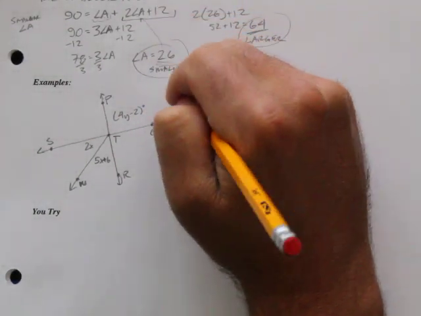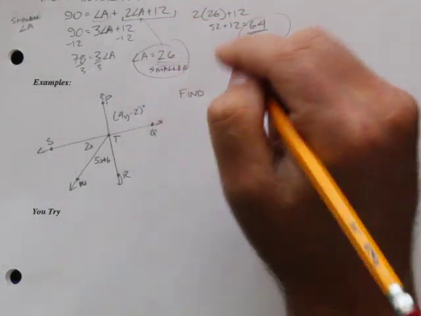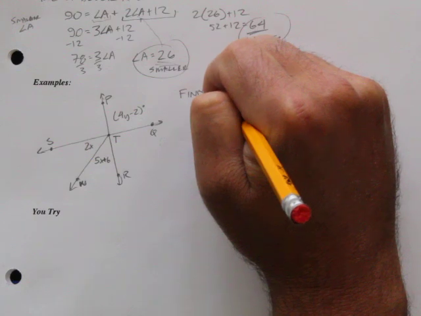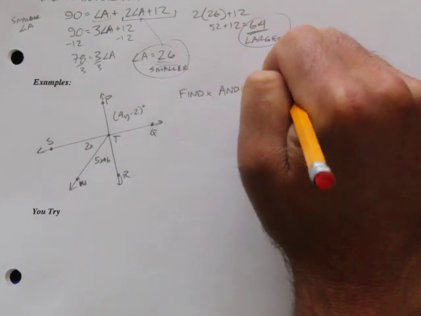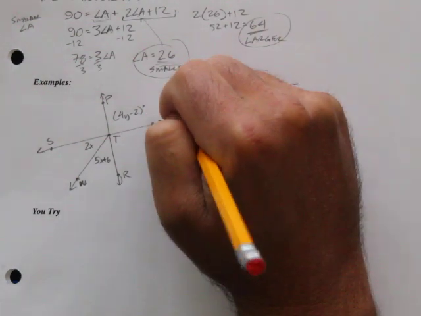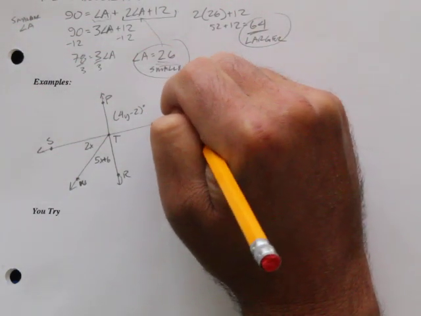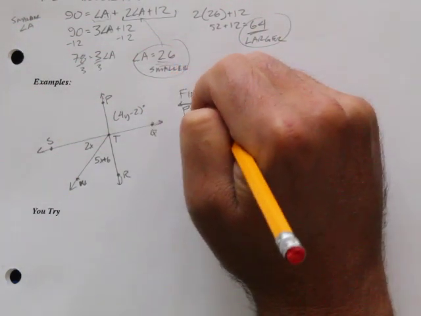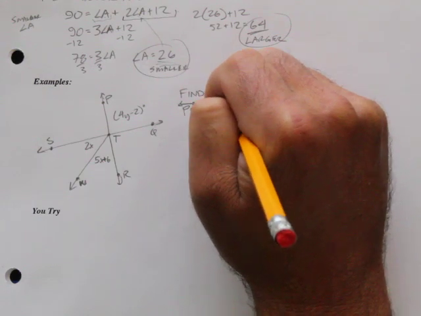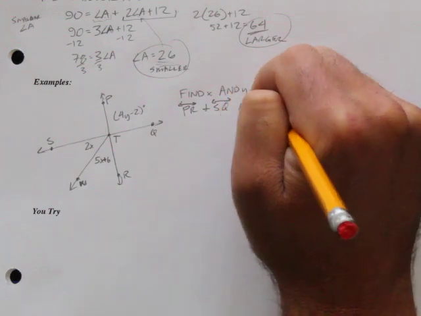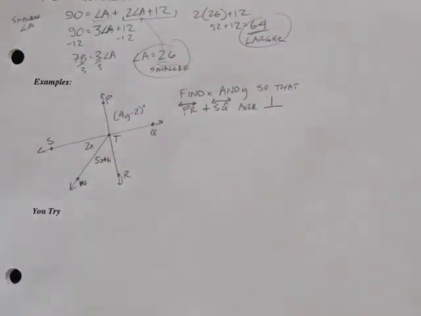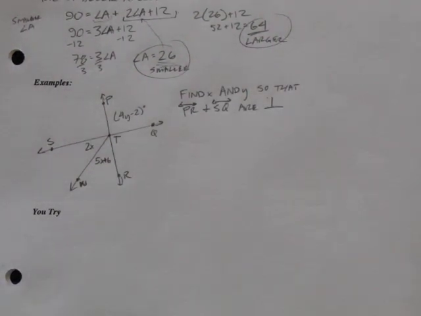Okay, now here's what we're going to do. We're going to find x and y so that line PR and SQ are perpendicular. So here's what we have to do.